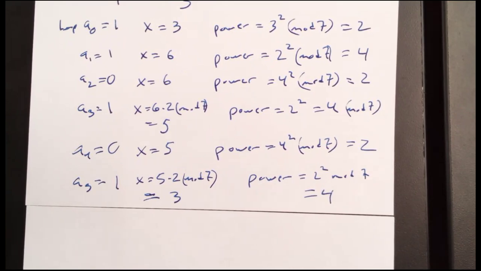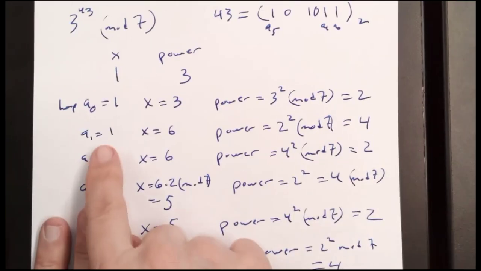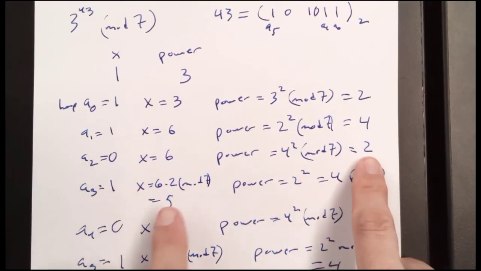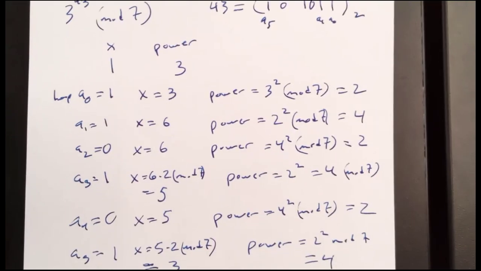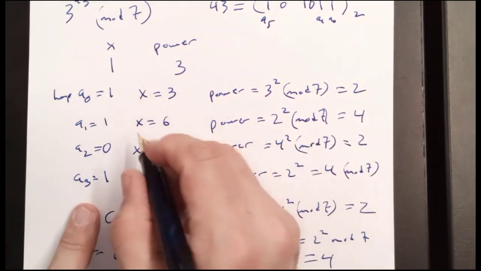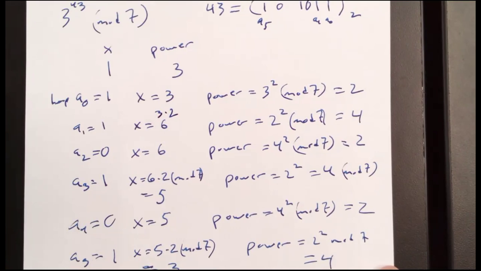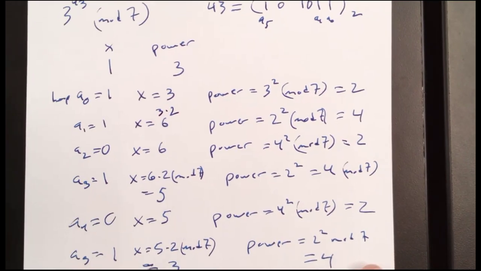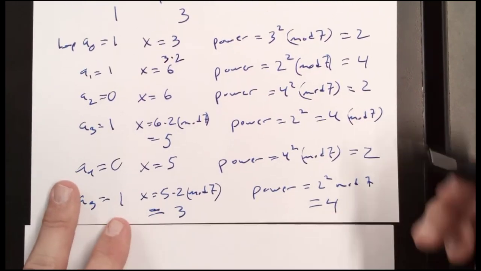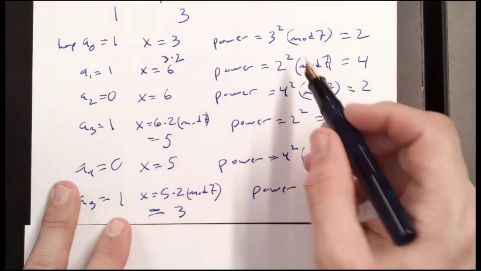Yeah, each power got used when I ran into a 1, I multiplied by the power on the previous line. Gotcha. So technically, right here, I should have said, oh, that's a 1, so take the X from the previous line, multiply by the power from the previous line. I think it's just because it was always 2, I just didn't see the connection there. Oh, no, it's whatever power was on the previous line.